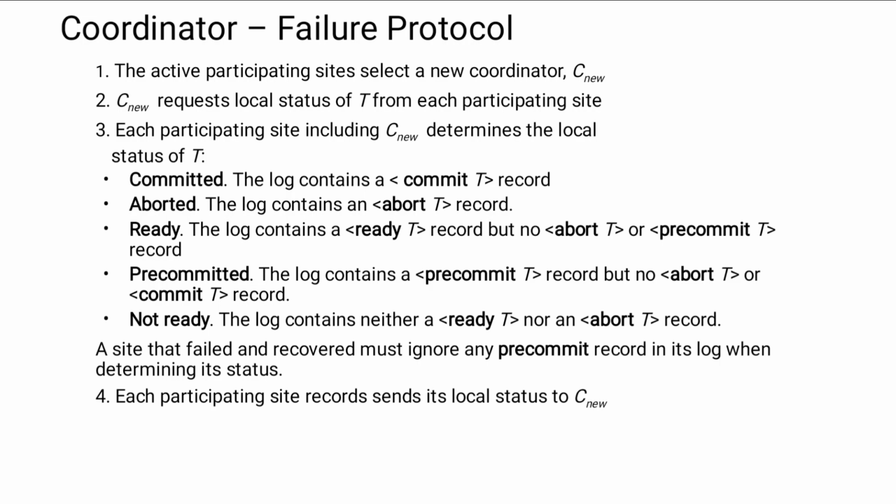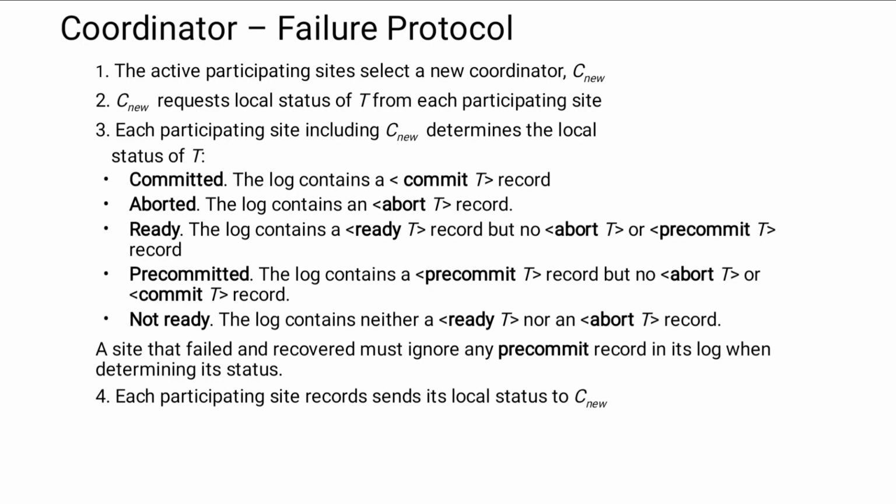According to the response, the statuses received are committed, aborted, ready, pre-committed, or not ready. Each participating site sends its local status to the new coordinator, and all statuses are recorded in stable storage.